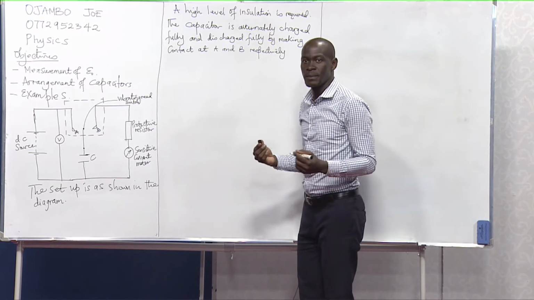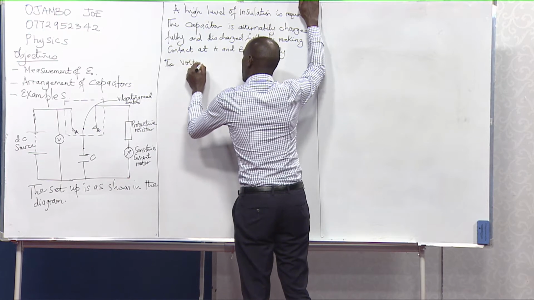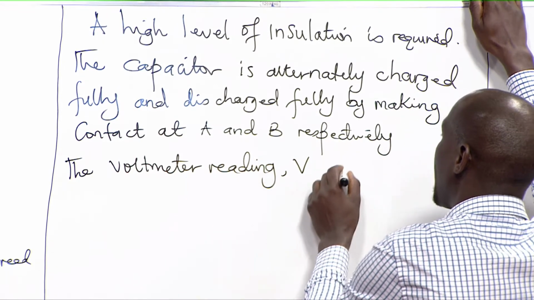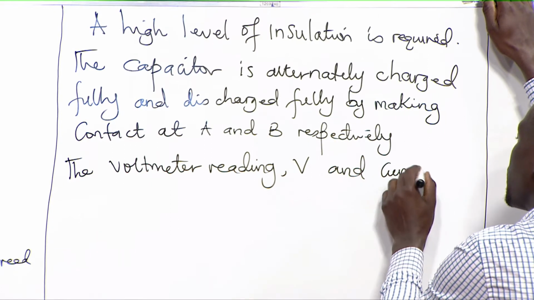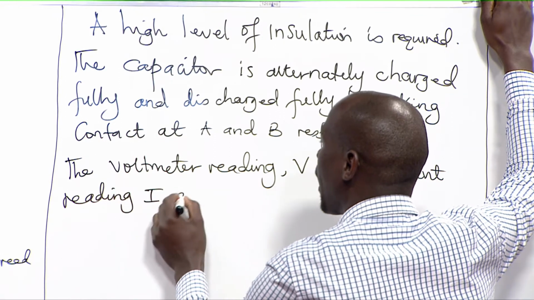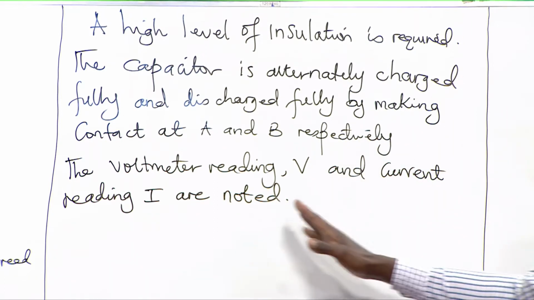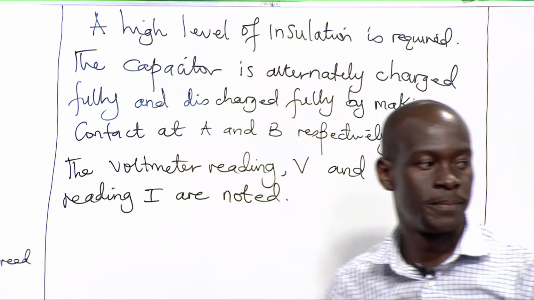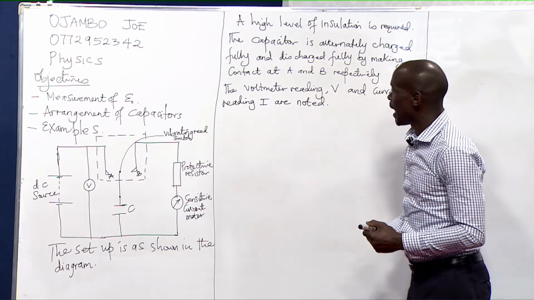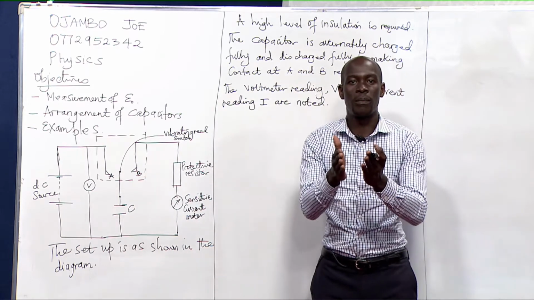Now, after we've done that, the voltmeter reading V and current reading I are noted. So you have finished the process of charging and discharging. Remember the capacitor we use here is a capacitor in form of parallel plates.